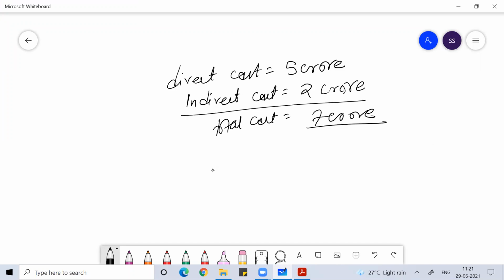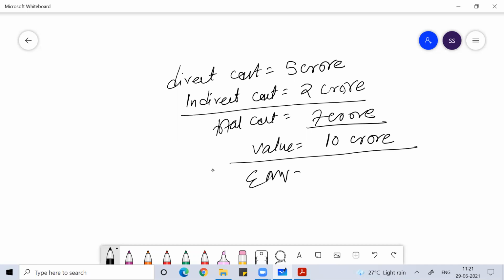The value I'll get is 10 crore. This is the value I'll get from the government because I've done the construction. So my economic value here would be 50% of this, around 1.5 crore, if I do the construction by myself.